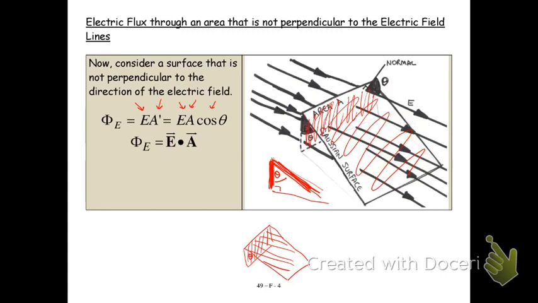Now, I've seen this form before when we did work is equal to F times D times the cosine of the angle. And we did this weird thing. We said, well, hold on, if F is a vector and D is a vector, then I have this dot product that made life a lot simpler. Let's do the same thing here.